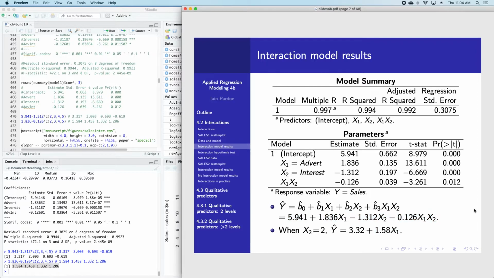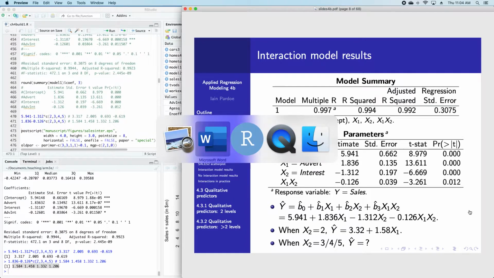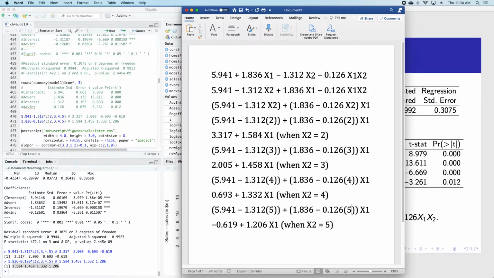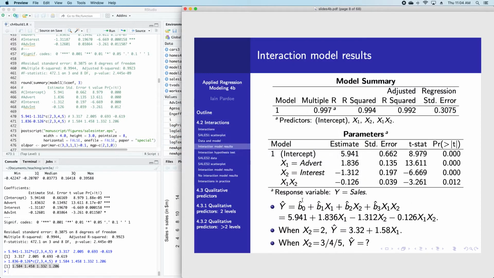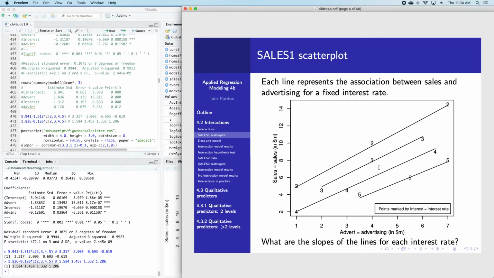Okay, so these are the equations here and here and here and here of these 4 lines.